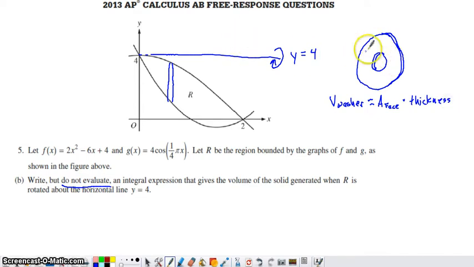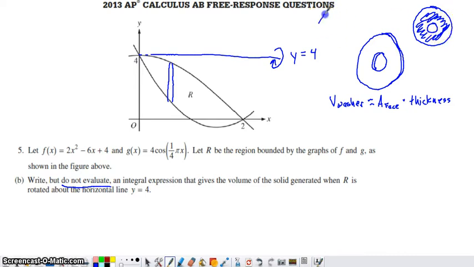So to find the area of the face, if I redraw the face two-dimensionally, we're looking at an outer circle and an inner circle. The area of everything here is going to be the area of the outer circle minus the area of the inner circle.